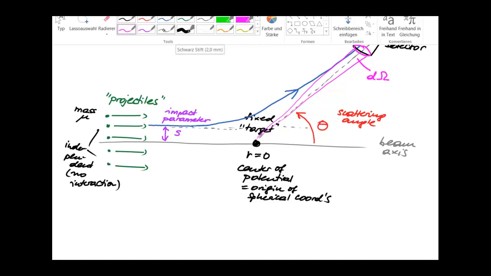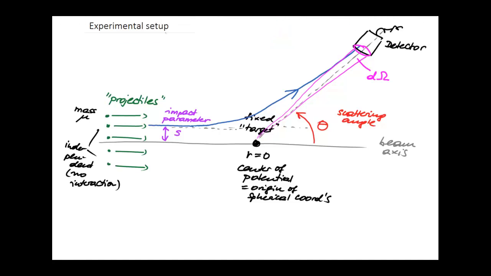In terms of ordinary angles, we have the scattering angle theta, which we take as one of the angles in our spherical coordinates. The other angle that we still need is the angle phi around the beam axis.